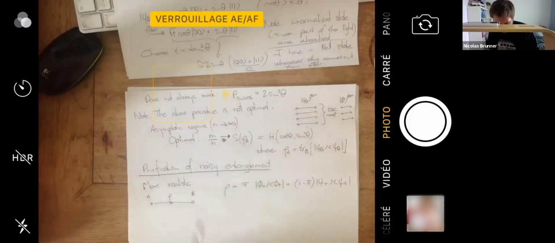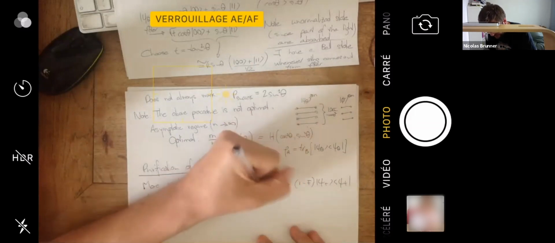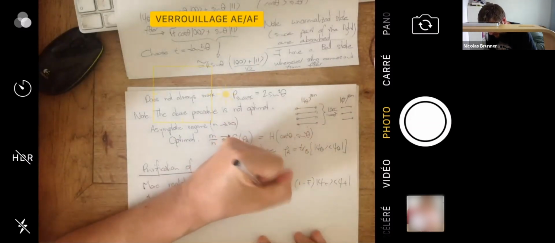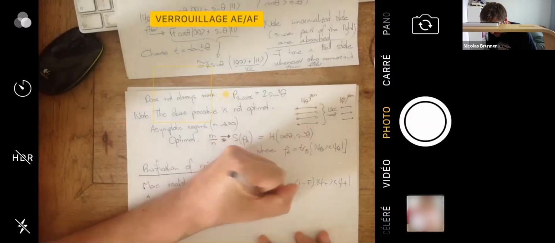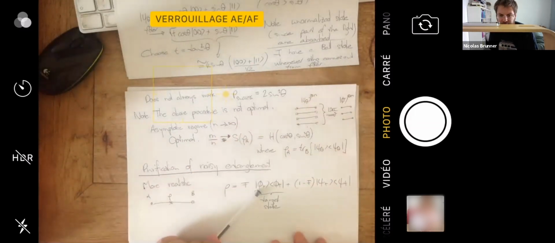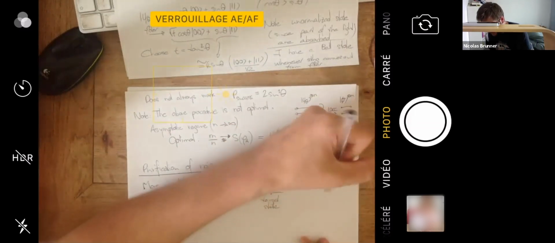Okay, so let me go back to this more realistic scenario. Imagine now that my source produces a state of this form. This is my target state. Again, I would like to have a phi plus, ideally, to run my teleportation. But the state I can prepare in the lab looks more like this. Here I have a part that is good, and here I have a part that is bad.